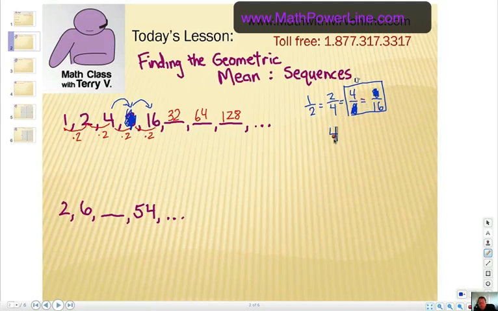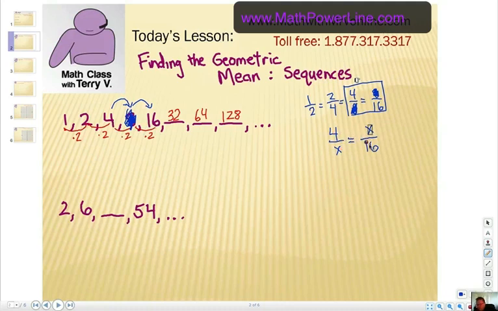So let's say that I had the question, in a number sequence, there's a number between the 4 and the 16. It's a geometric pattern, and I want to know what that missing number is in between. Now I already know it's 8 because I just crossed it out. But what I do is I write a proportion. 4 over x equals x over 16.